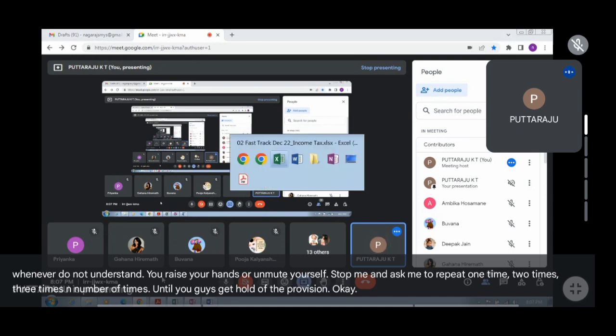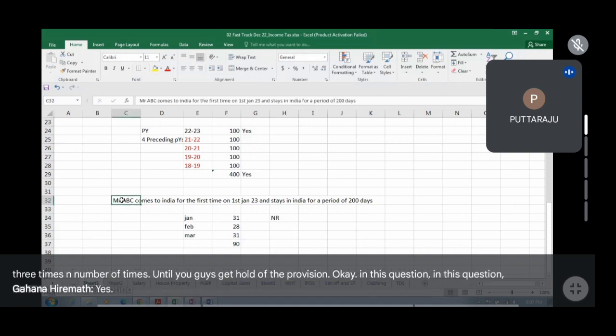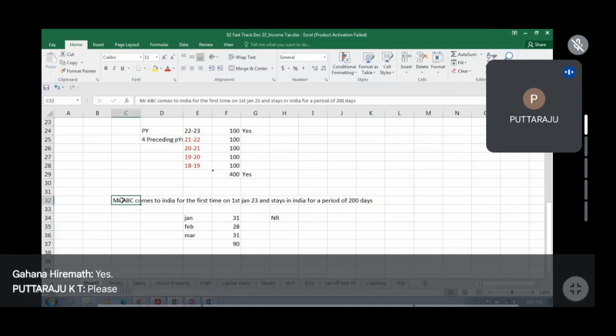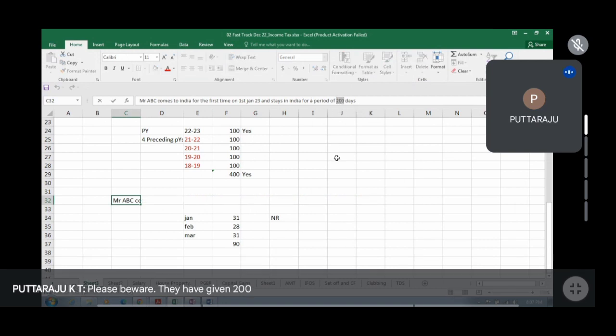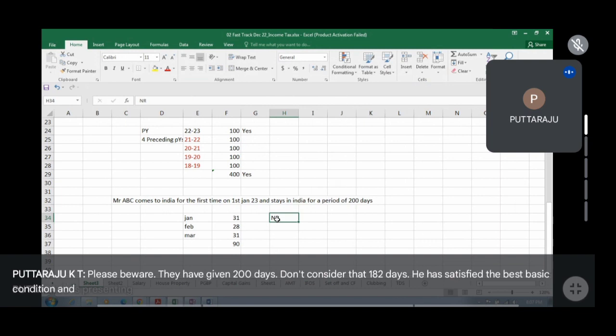Okay. In this question, please beware. They have given 200 days. Don't consider that 182 days he has satisfied the first basic condition and write he is resident and come out of the exam hall saying that I did it correctly. Wrong.